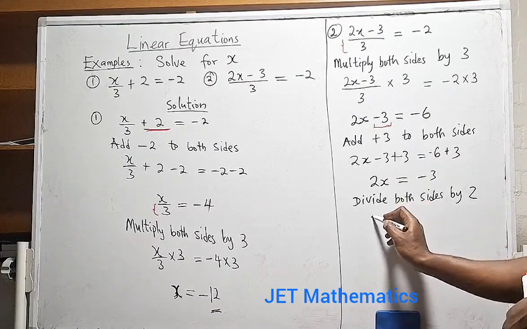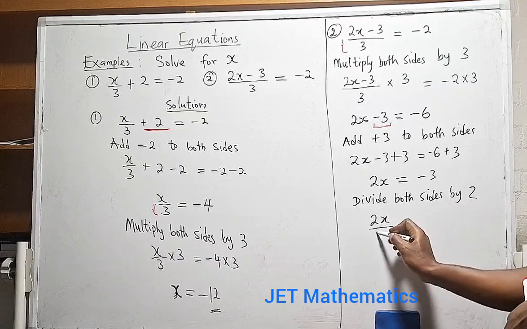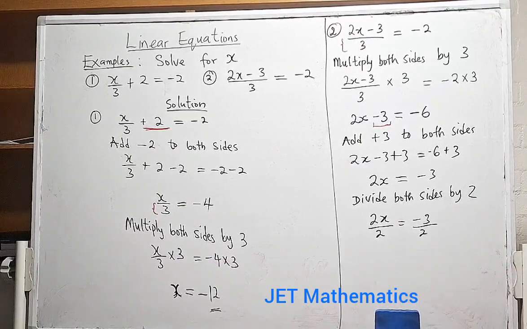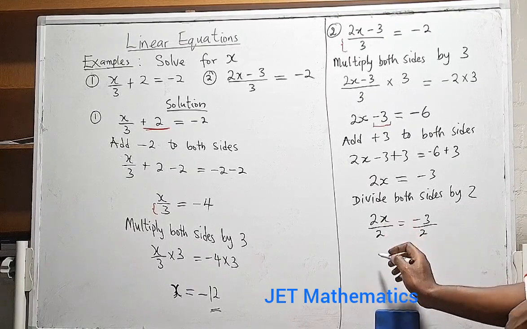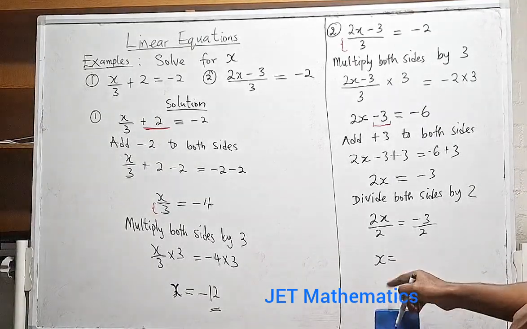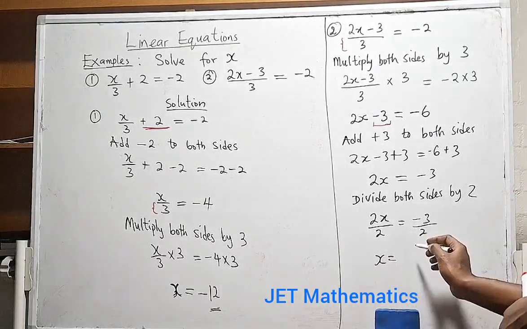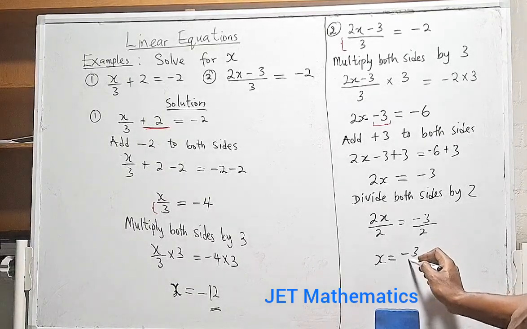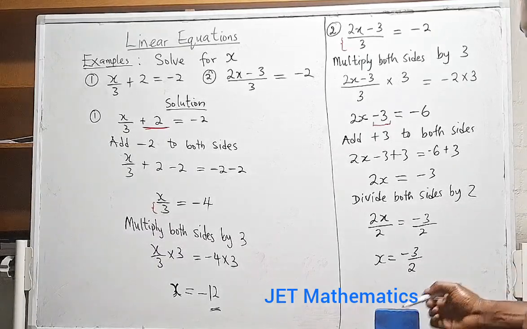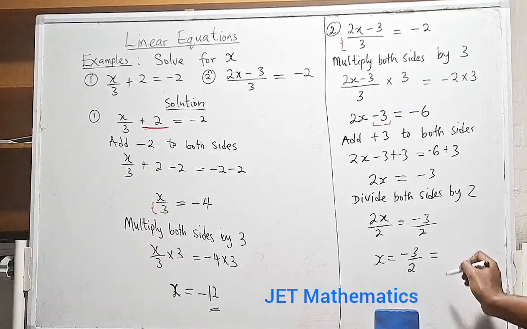So when we divide both sides by 2, we have 2x divided by 2 is equal to minus 3 divided by 2. So 2 divided by 2 is 1. So we have x is equal to minus 3 over 2.